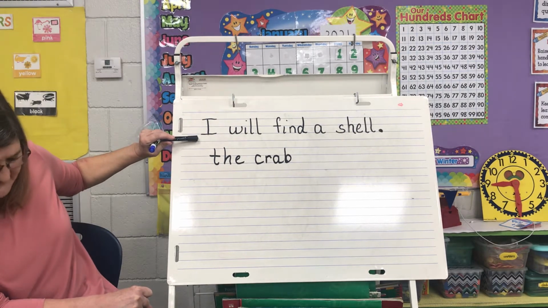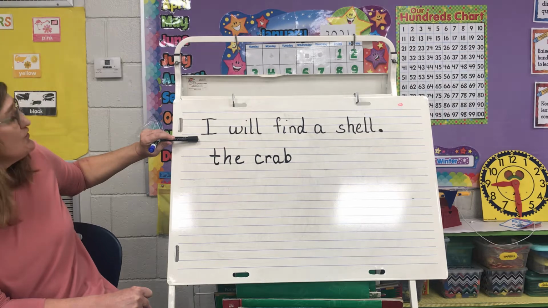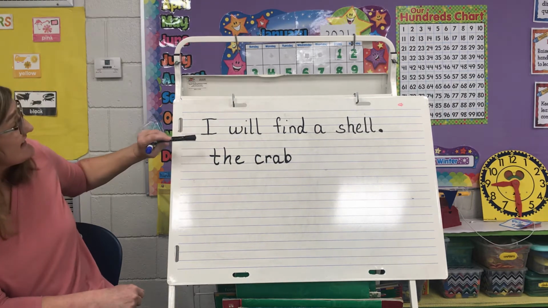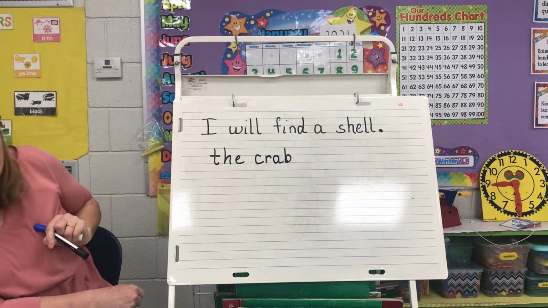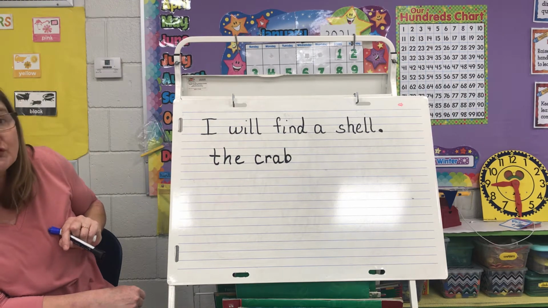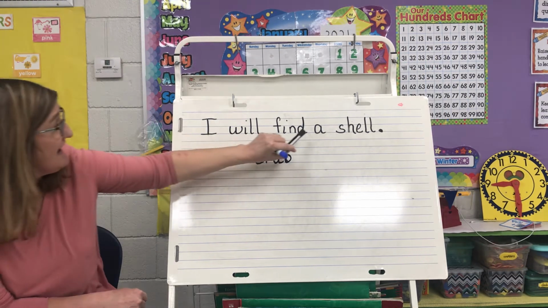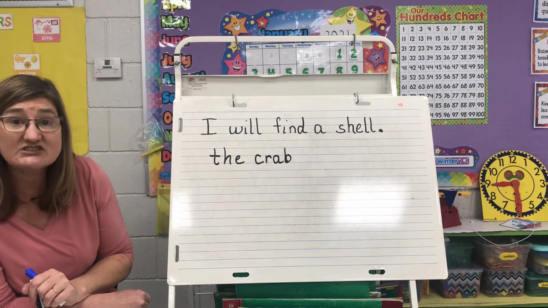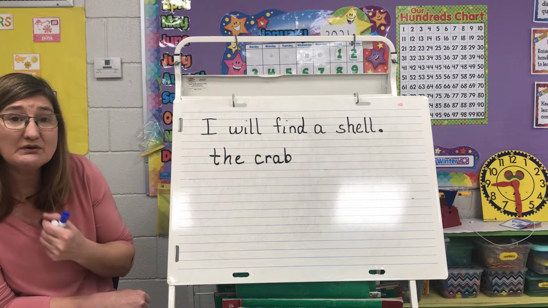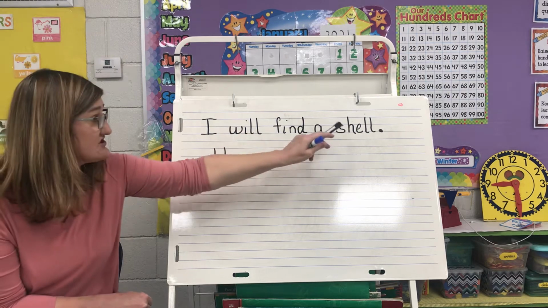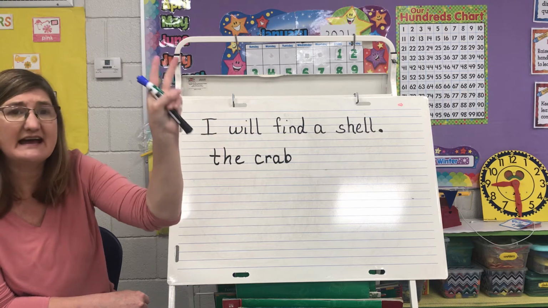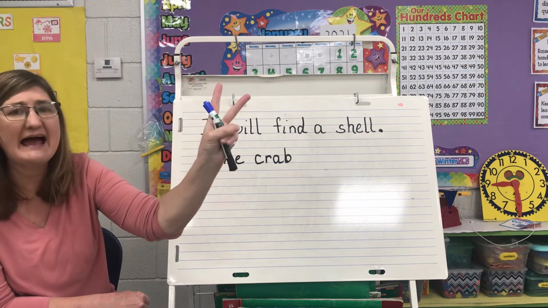It tells who is in it, and I am in it. And then I look, does it have an action part? We'll find a shell. Yes, it has an action part. What will I do? Find a shell. So it has my two parts. It has my naming and my action.